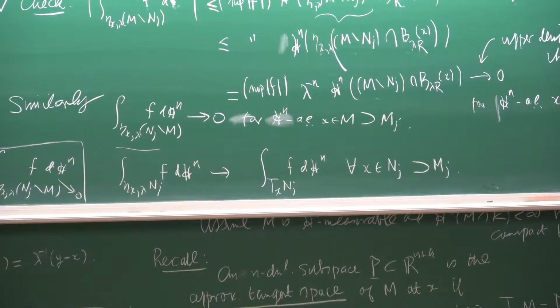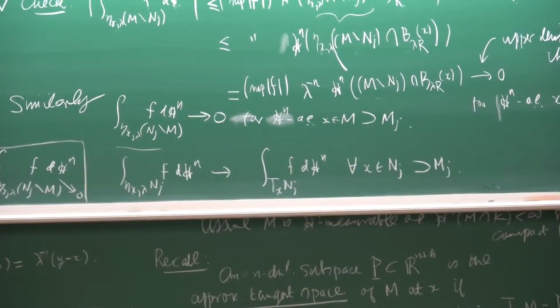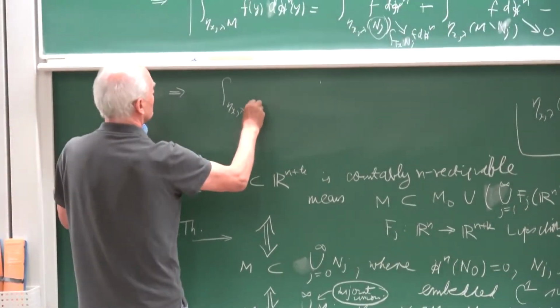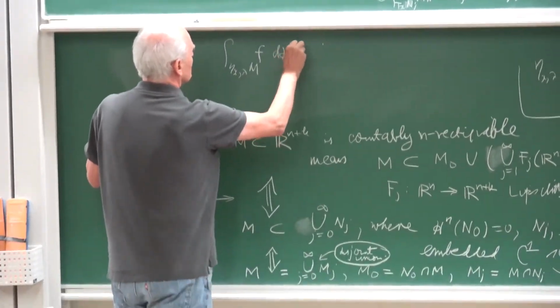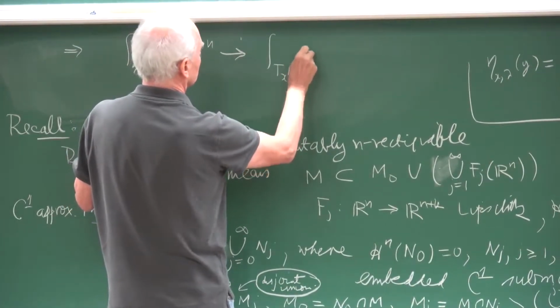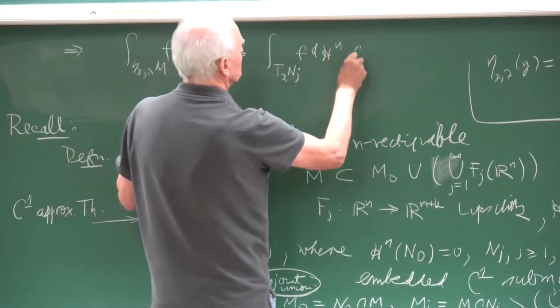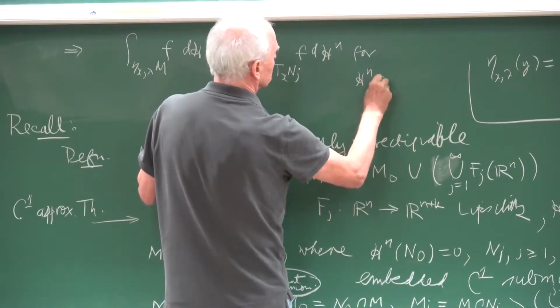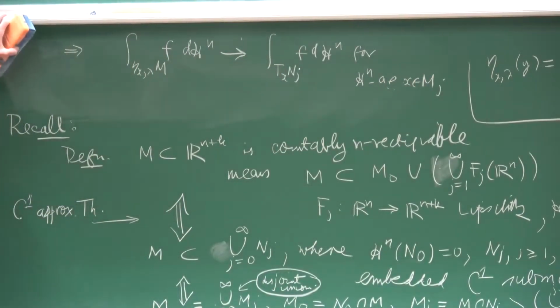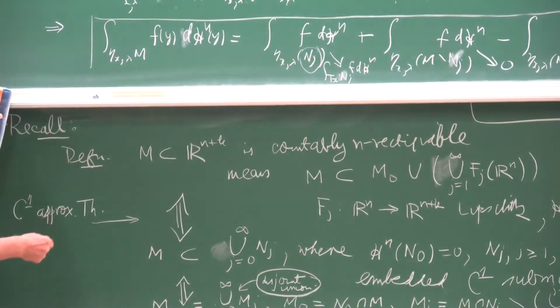This tends to the integral over T_x N_j of f dH^n. So that's it. This guy, the integral over η_{x,λ}(M) of f dH^n, tends to the integral over the classical tangent space of M of f dH^n for H^n almost every x in M_j. So that's that. By the way, that's the end of the proof.